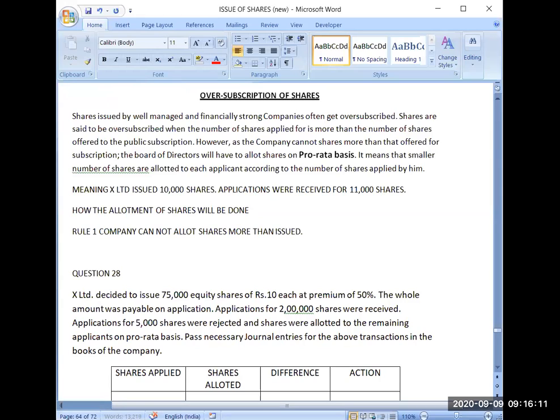It cannot be that if you are getting applications for 11,000 shares, then a company will issue 11,000 shares. It is not possible legally. So the company can issue a maximum of 10,000 shares only, because the company has issued only 10,000 shares. This rule is clear?